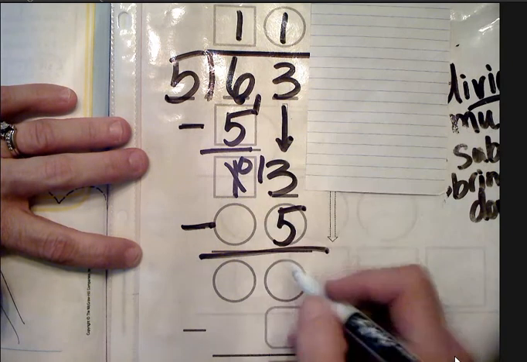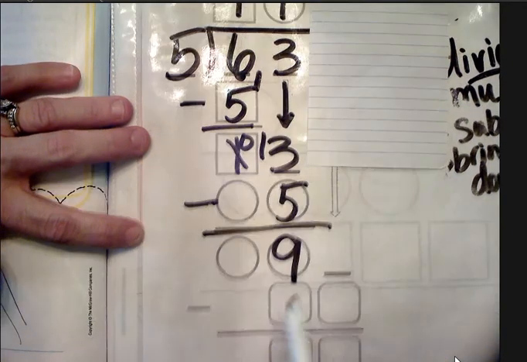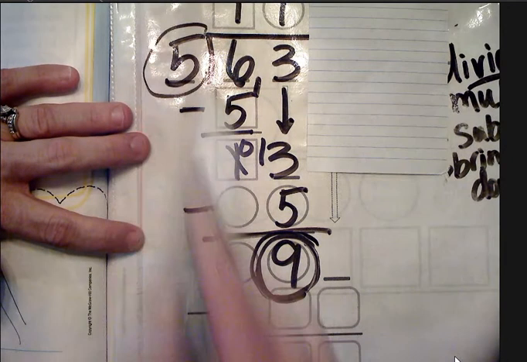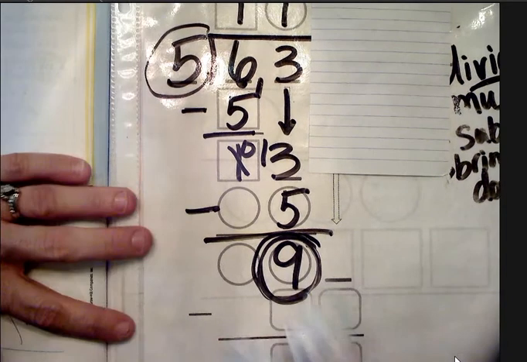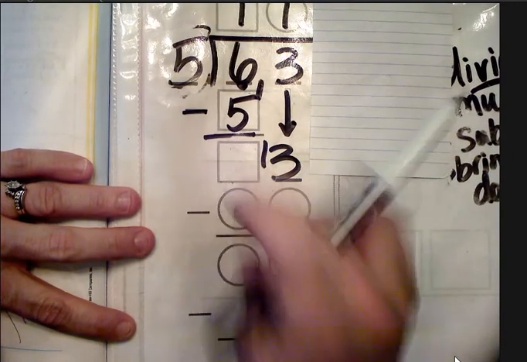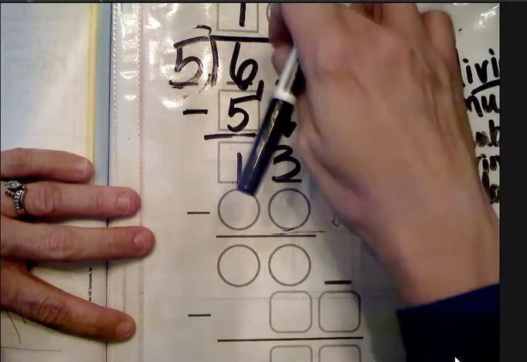Okay, 9. The answer to this subtraction problem can never be bigger than this number, or you know you've done something wrong. That was a 9, that was bigger than my number, so we've done something wrong. I'm going to try again.